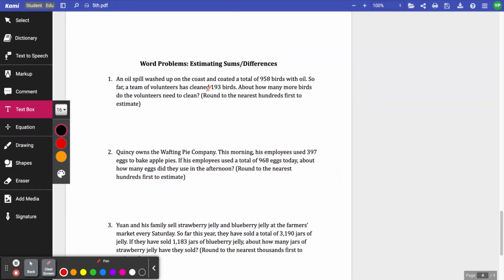So basically it says 958 birds with oil and has cleaned 1,193 birds. How much more do the volunteers have to clean? We just gotta do 958 minus 193, and you get 8 minus 3 equals 5. 5 minus 9, you can't do that, so you borrow from the 9, and then it becomes 15 minus 9.